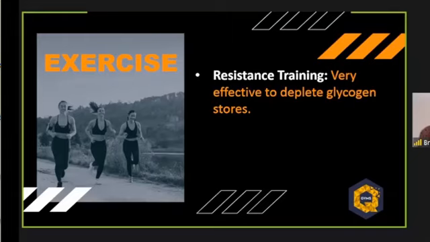Aerobic training uses fatty acids, but anaerobic training uses glucose as its main fuel. So it's going to deplete your glycogen stores. And when we have depleted stores, we always have a place to shuttle excess glucose from the blood.